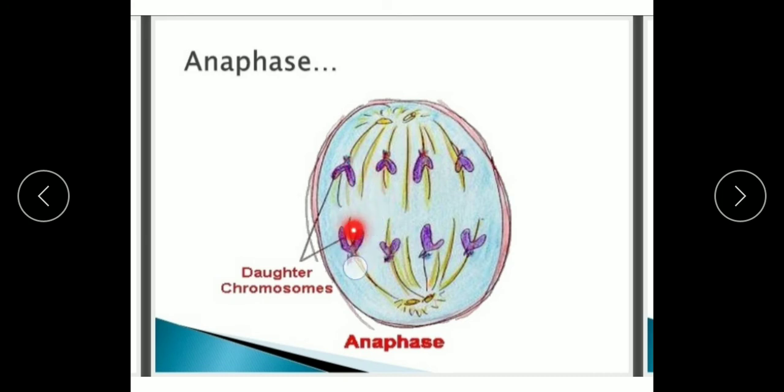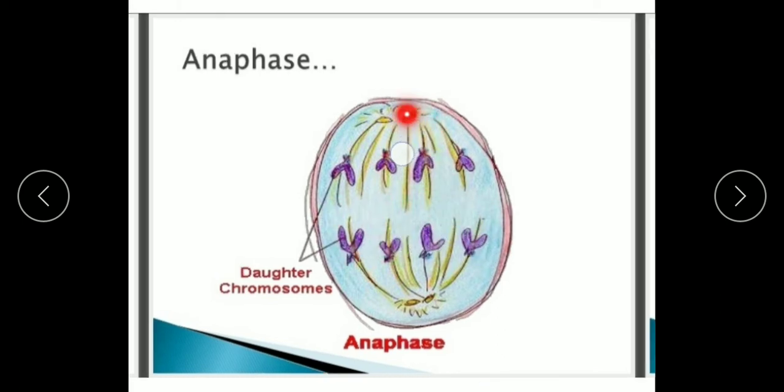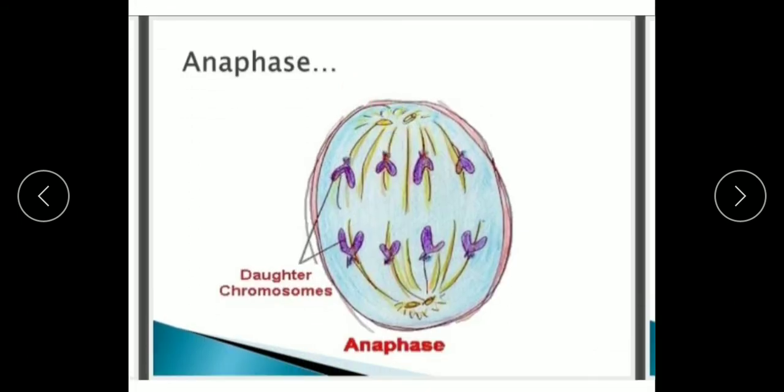The centromere splits into two, so each centromere has a sister chromatid, and those sister chromatids are independent. After the separation, the split chromosomes move to opposite poles by the contraction of the spindle fibers, which arise from either pole of the cell and attach to the centromere of the chromosome.